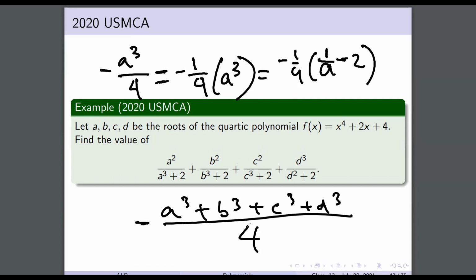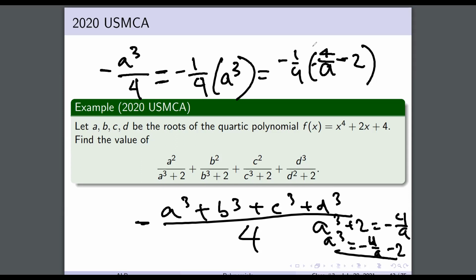This is also because we remember when we had a cubed plus 2 equals negative 4 over a. So a cubed equals negative 4 over a minus 2. And then we can do this for each one.